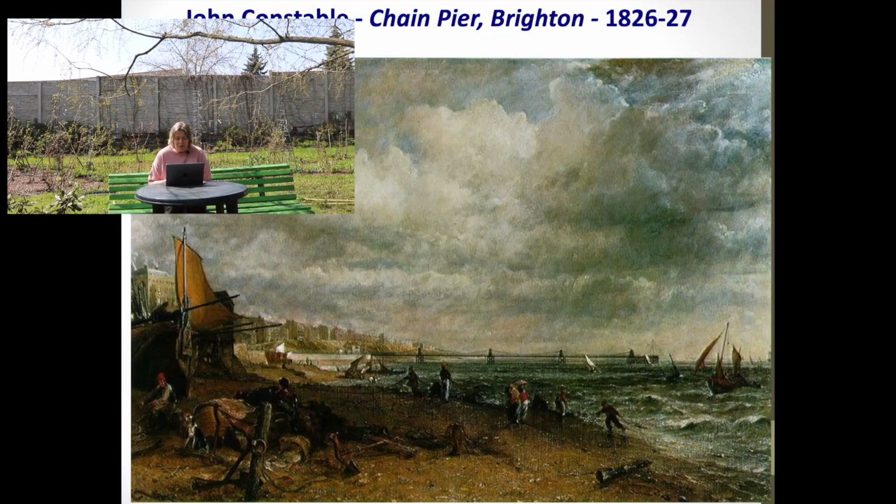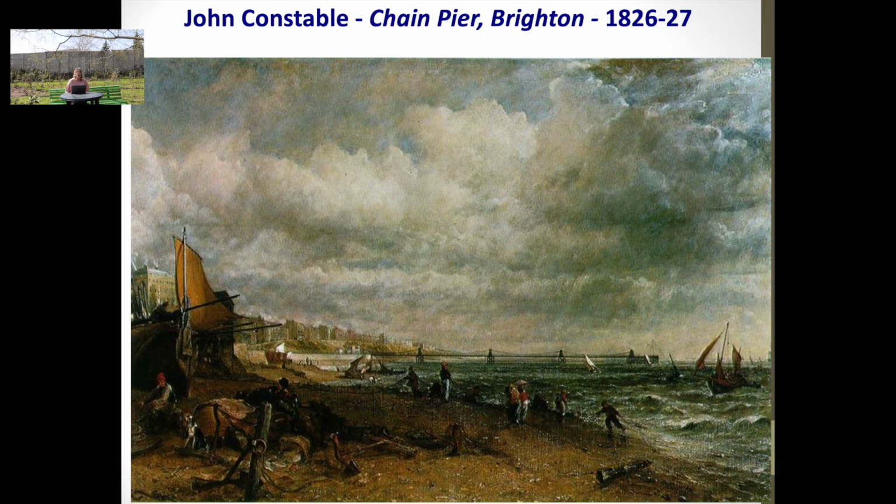So we have some images, like this image of Brighton, but not the fashionable town that was famous for the royal pavilion of the Prince Regent and all the aristocratic holiday makers, but a kind of hard place, a place where the fisher folk worked very hard, where weather could be tricky.